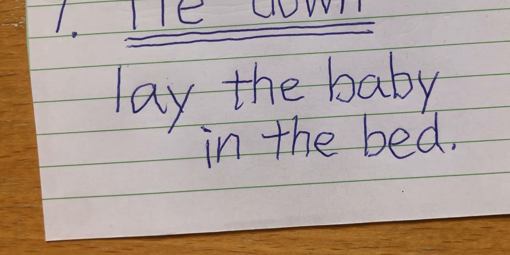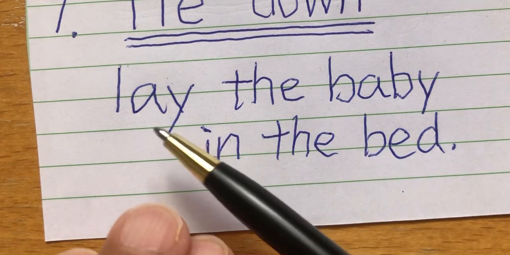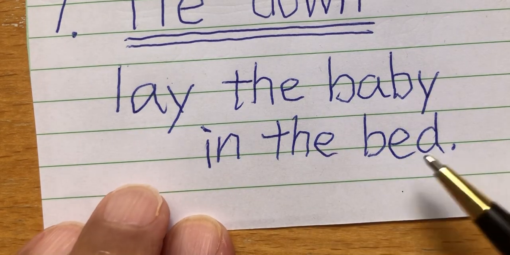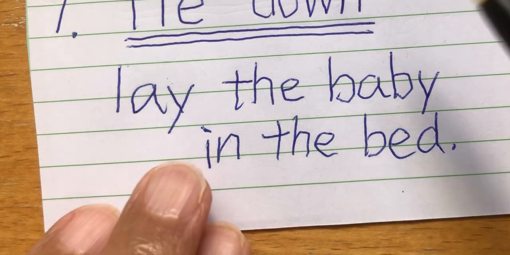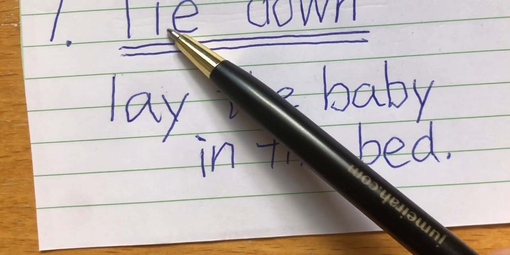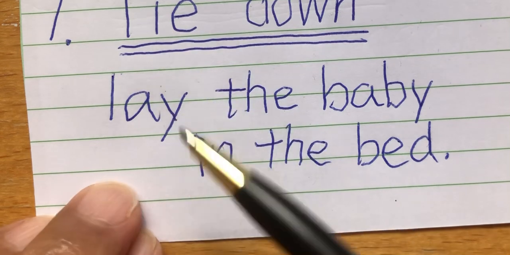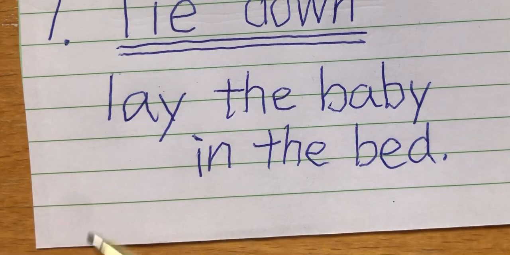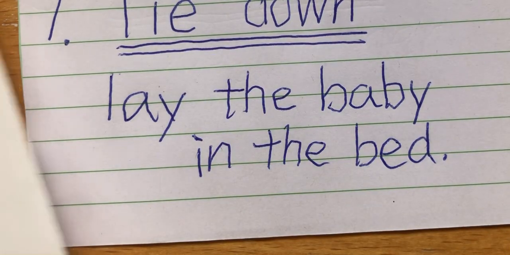Lay means you put something somewhere. So in this case, you put the baby in the bed. Yeah. Lay, you put something. Lie is not to put something. So that's the difference between lie and lay. Next sentence, number 8.